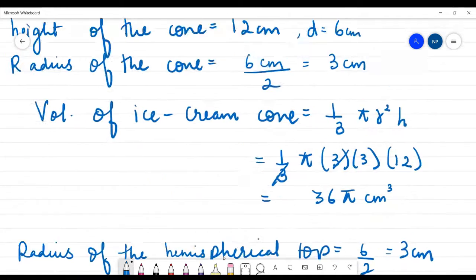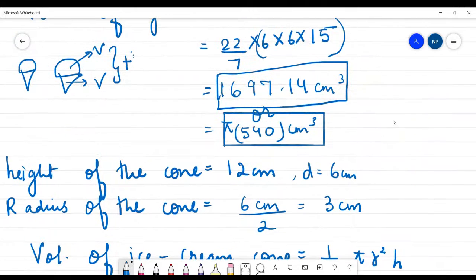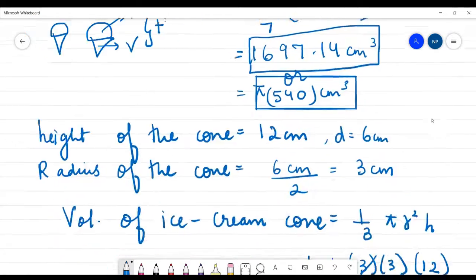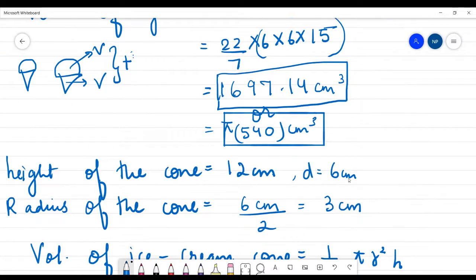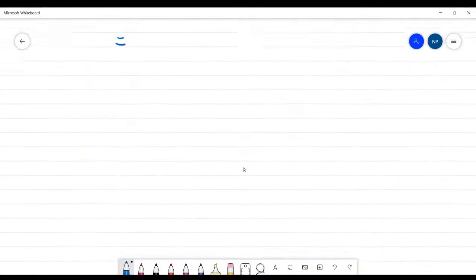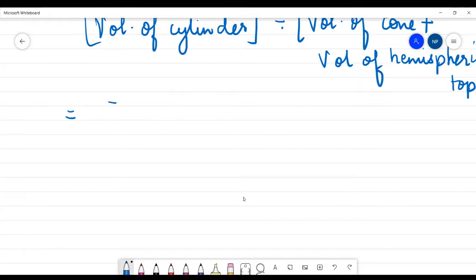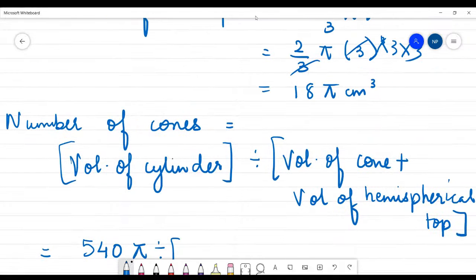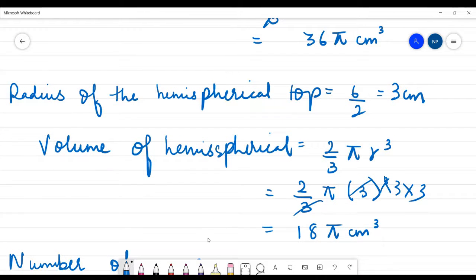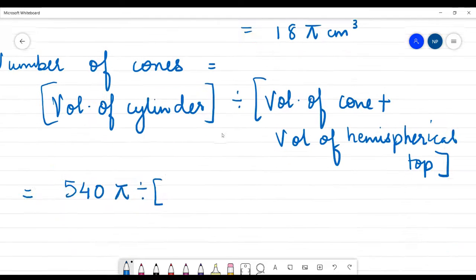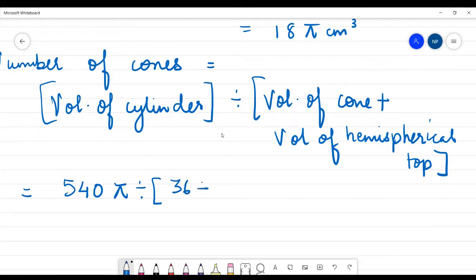The volume of cylinder we have calculated in the form of pi, that is 540 pi centimeter cube. So here we will write 540 pi divided by volume of cone, which is given as 36 pi, plus volume of hemispherical top, which is 18 pi, right?